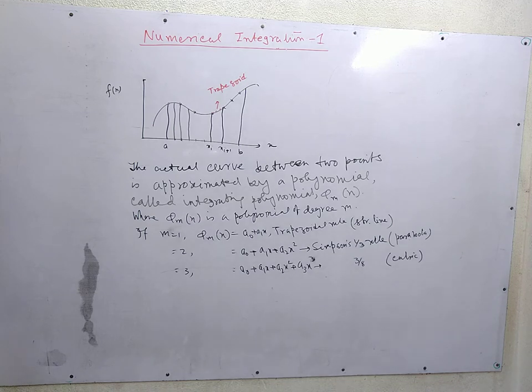Another point that is to be kept in mind in numerical integration is its convergence. This is a problem that we have never encountered in analytical integration, because in analytical integration we get the result in closed form, but in numerical integration we basically get the result as the area under the curve by dividing it into n equal points.